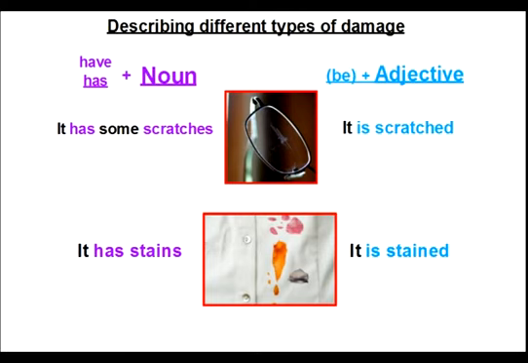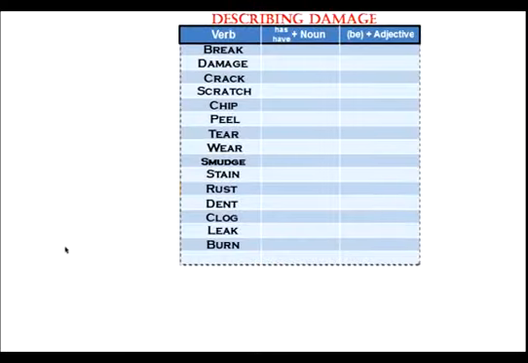Now let's look at some different types of damage and other words for it. So if we notice, we have verbs that describe damage. And we also talked about how we can use the same type of idea and talk about the noun, the object, using has and have. And we can also talk about the adjective using be.